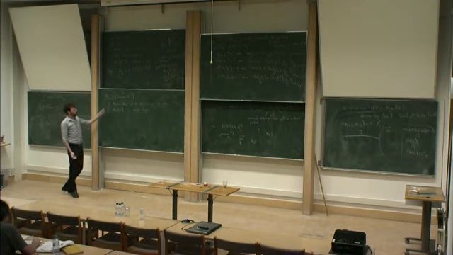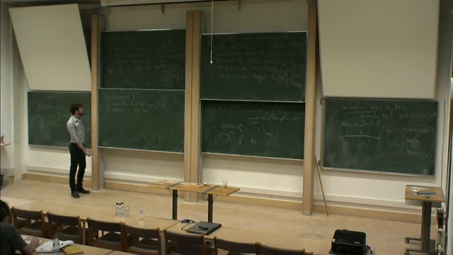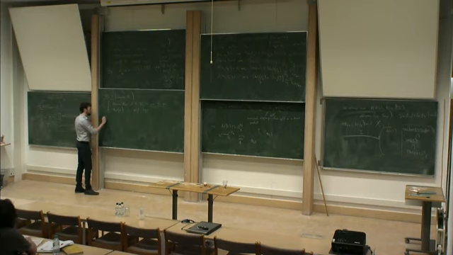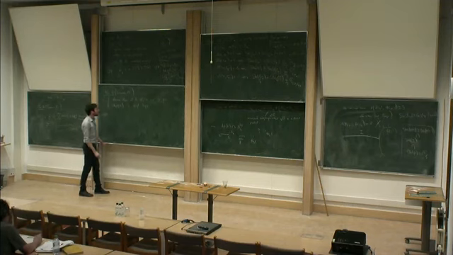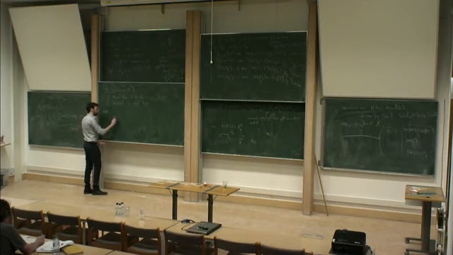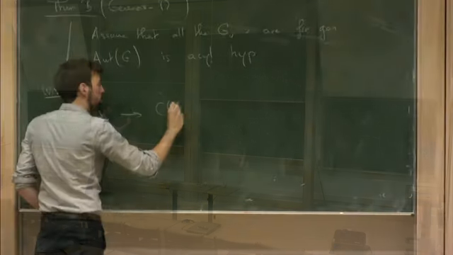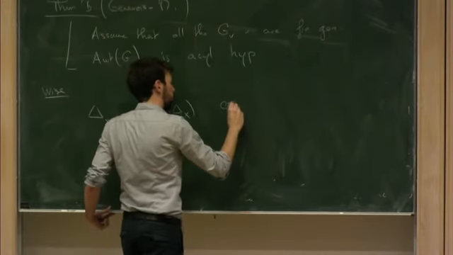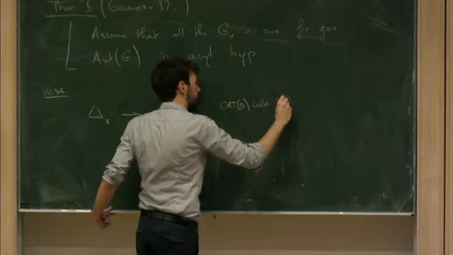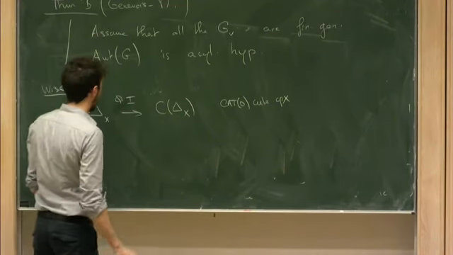And the way to pass from the world of small cancellation complexes to the world of CAT(0) cube complexes is to use the work of Wise. So we know that by the work of Wise plus some minor things, we can send the small cancellation complex ΔX into a CAT(0) cube complex C(ΔX), such that we have a quasi-isometry here, and which is equivariant.